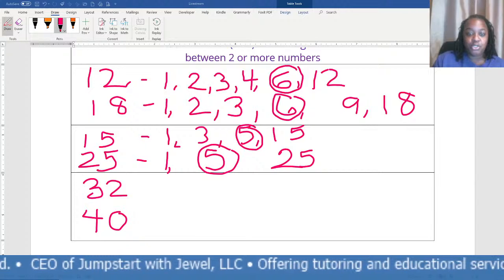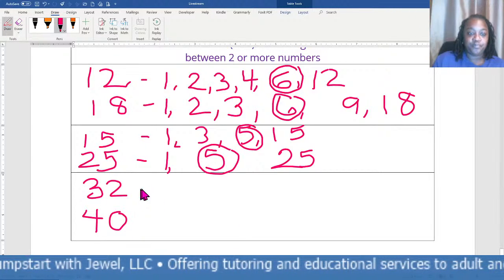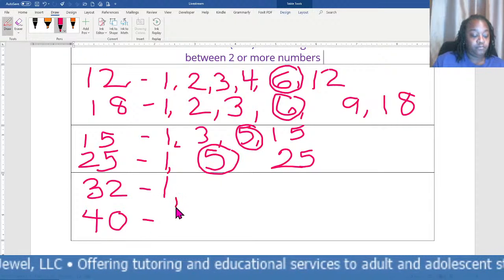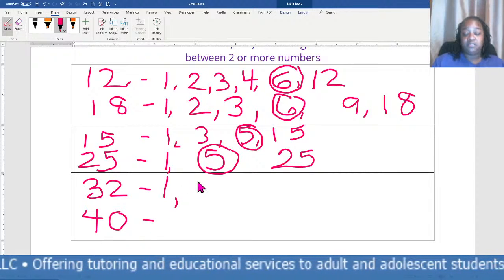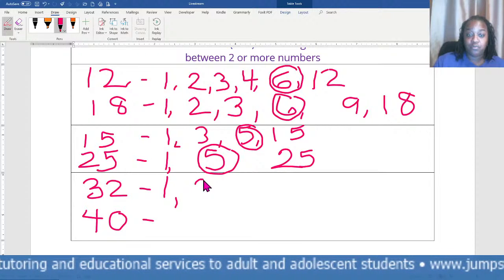So 32 and 40. Again, we're going to start with 1. And because 32 is an even number, it's going to be the number 2.